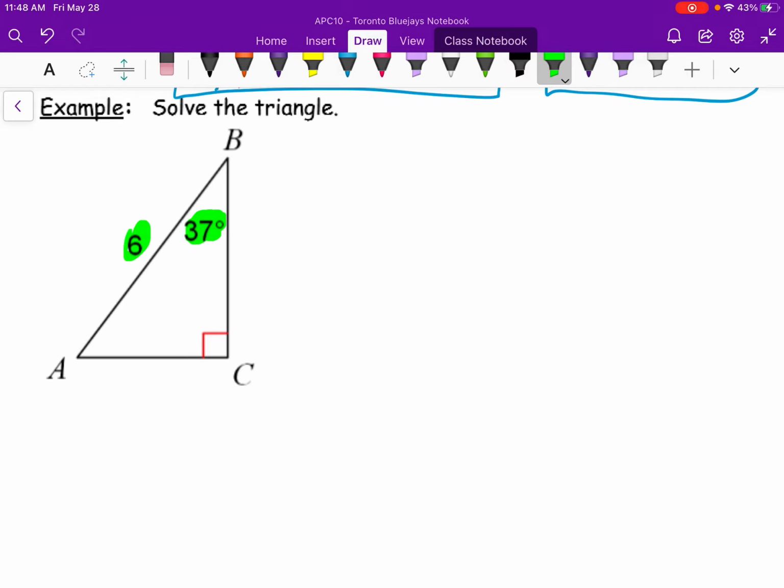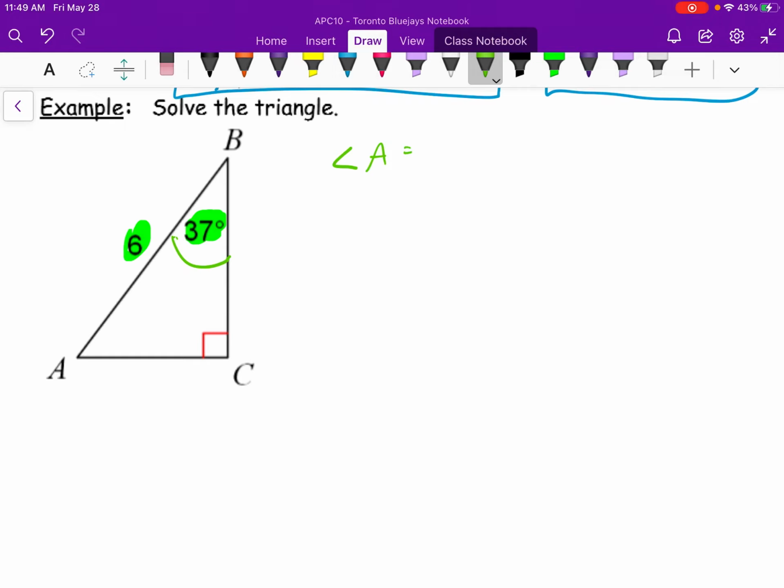Now, going forward here, this may be a little bit interesting, and there's going to be more than one way to do this. But the first piece of information is angle A, I think.